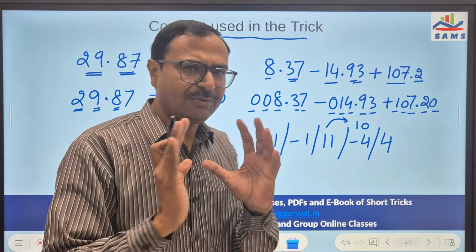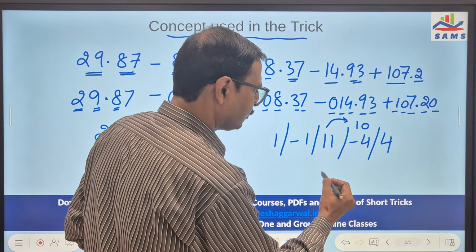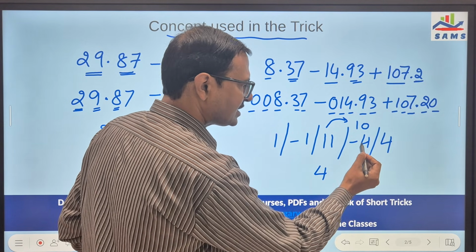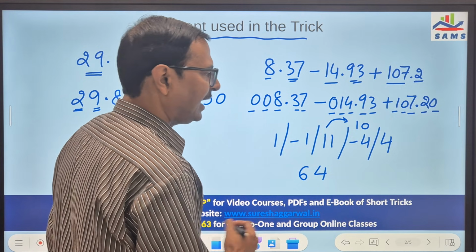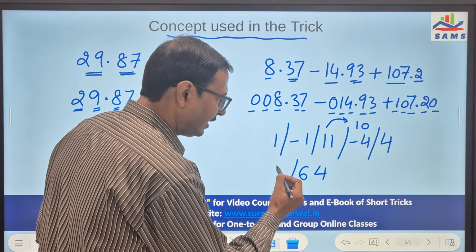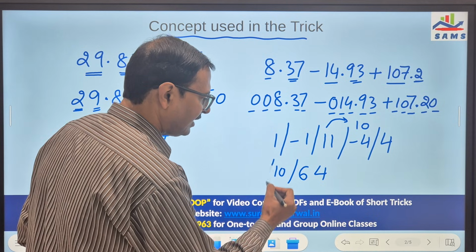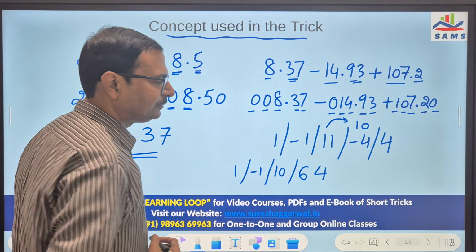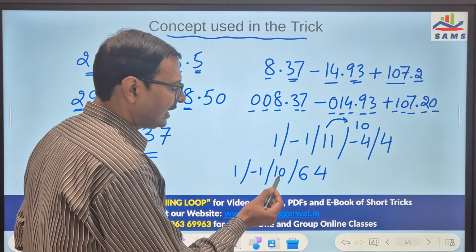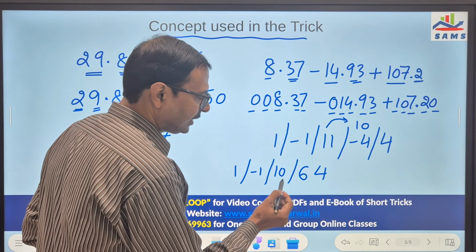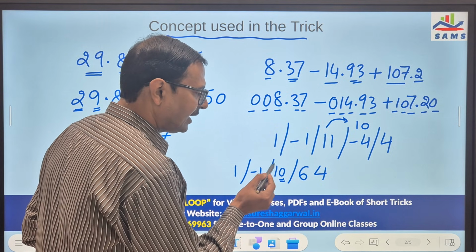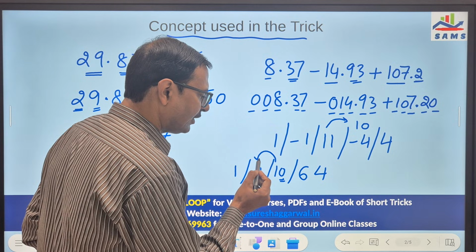Let's do it one step at a time. So this is 4, 10 minus 4 is 6, and then this becomes 10, and then finally we have the minus 1 and the 1. Now here we have a 10. So 10 means a 0 retained and 1 carries forward here.